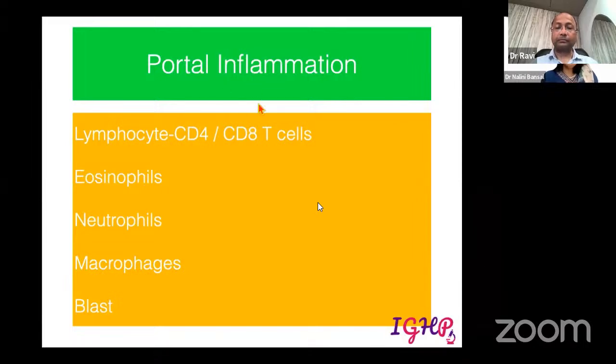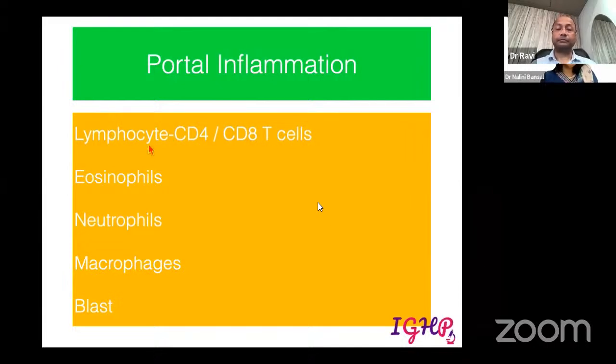Now if this inflammation is increased, we are going to look at the components of the inflammatory infiltrate, that is, what kind of cells are present within the portal inflammation. Whether these are lymphocytes, and as we said, these are basically T cell mediated lymphocytes, so these are CD4 and CD8 positive T cells.